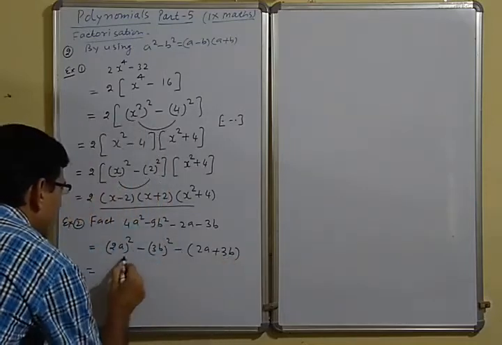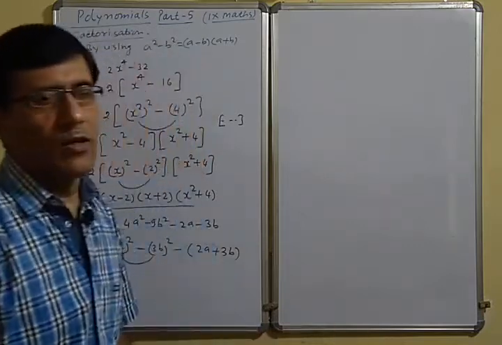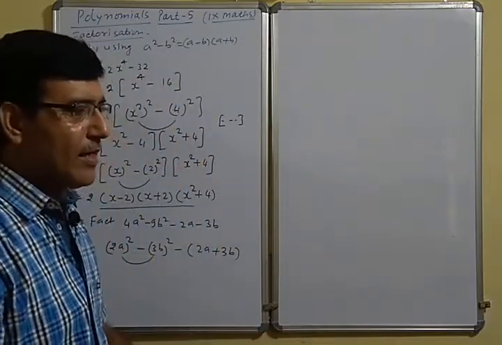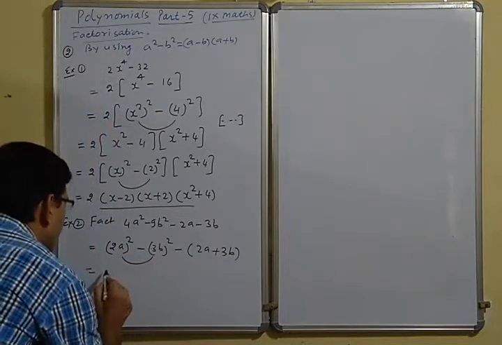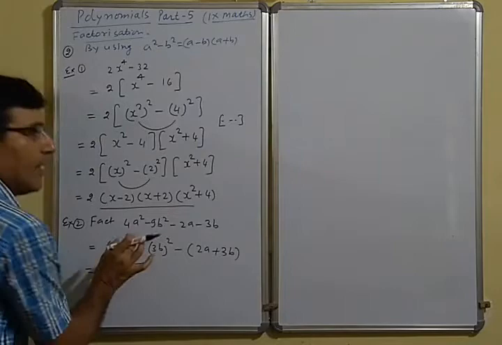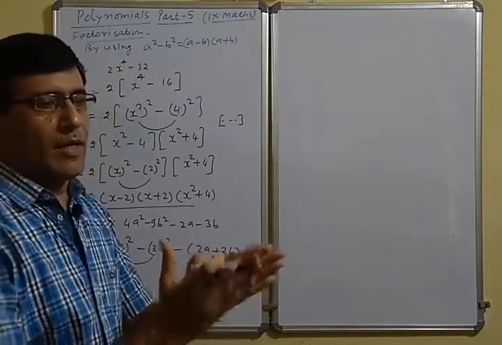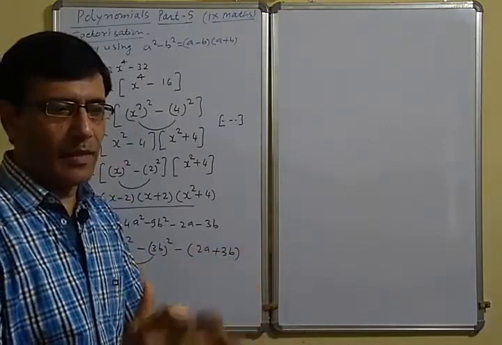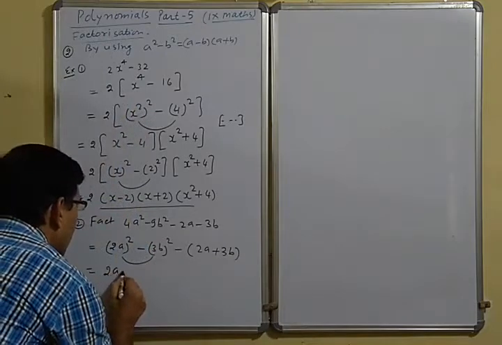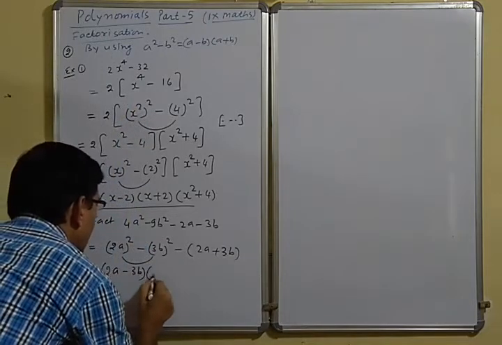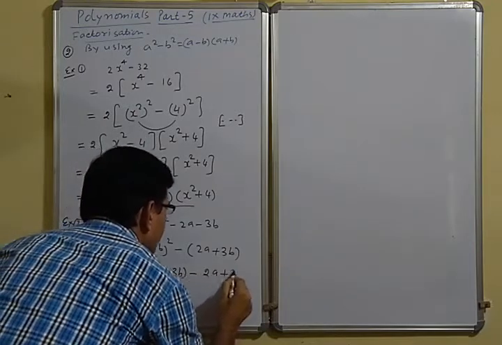So now here we'll use the formula a square minus b square. On the right side you mention the formula a square minus b square, and here you apply the formula. Take this as capital A and this as capital B. So a square minus b square is capital A minus capital B, in other bracket capital A plus capital B. So what it becomes? 2a minus 3b, in other bracket you will get 2a plus 3b, minus 2a plus 3b.